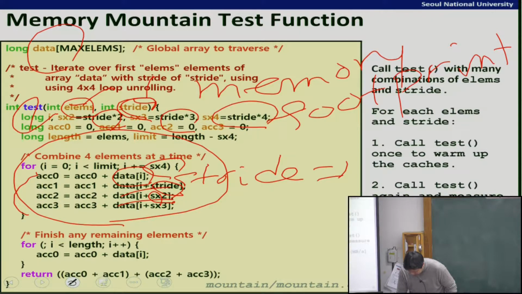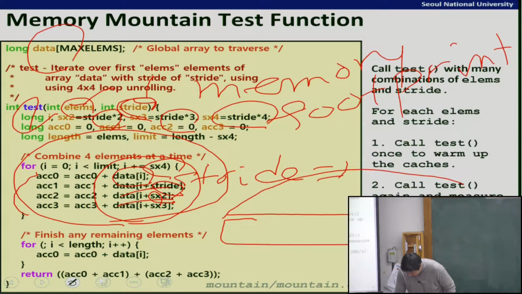Because you add sx plus 4, if you have a stride something like this, let's say this is the stride. Then these four accesses fall at 0, a quarter, a half, and three quarters, right?